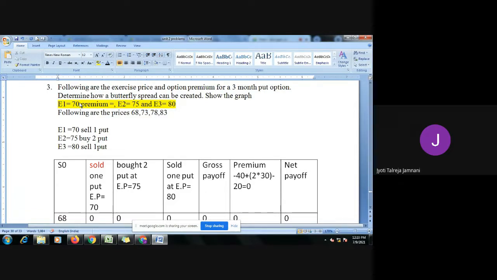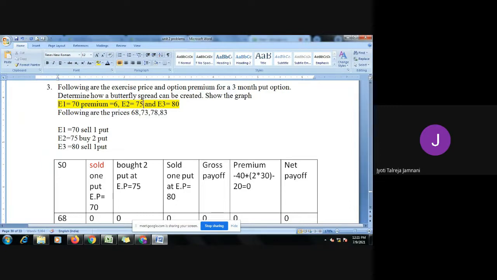Just 1 minute. Okay, the premium for the first option is 6 rupees.